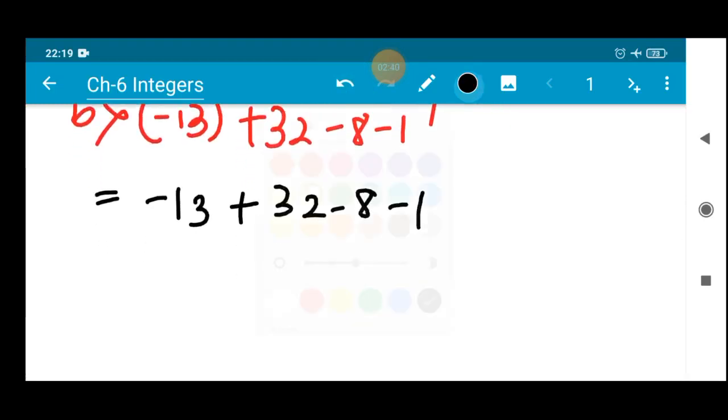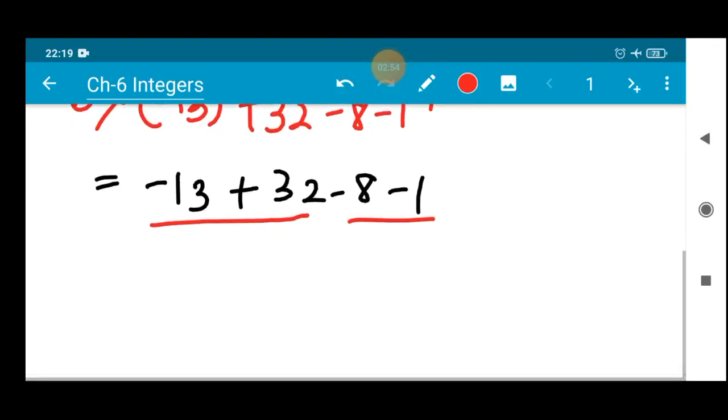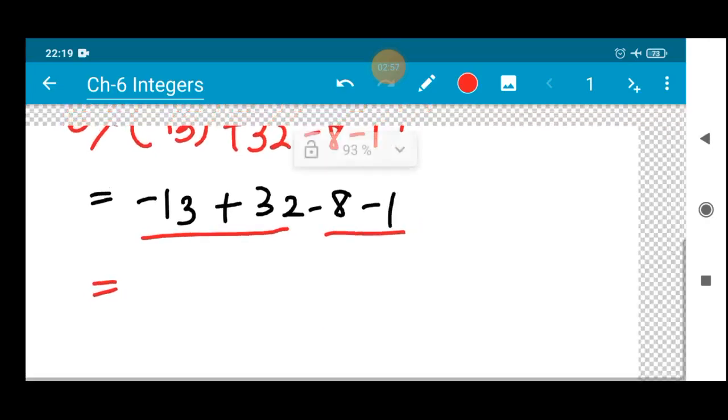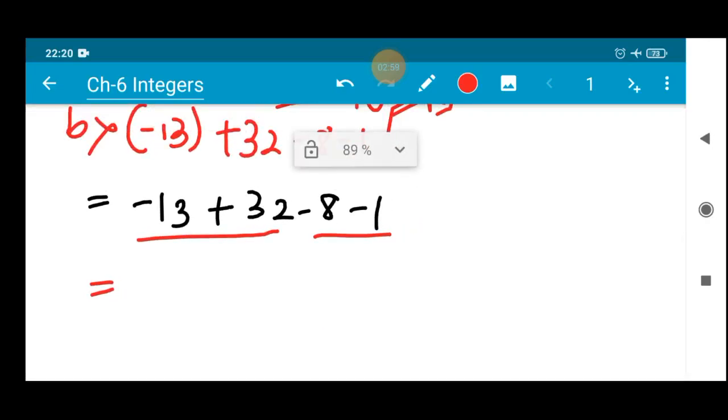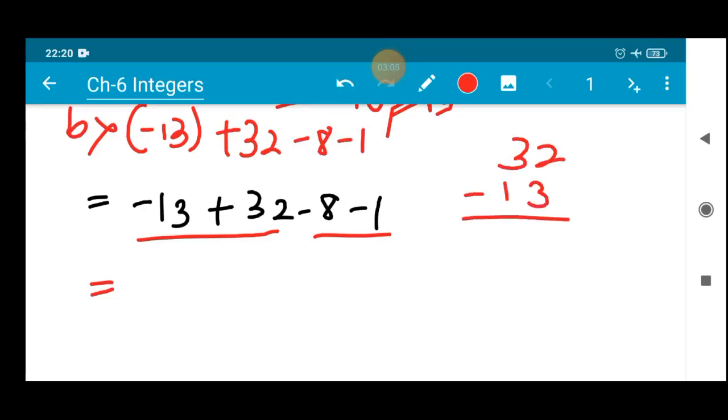Now you can see you have paired numbers, so let us take the pair. You can pair these two numbers, or these, whichever you like, but I prefer you do this one to avoid any confusion. Minus plus will be minus, so 32 minus 13 should be done. 2 minus 3 is not possible, so borrowing will be carried out.